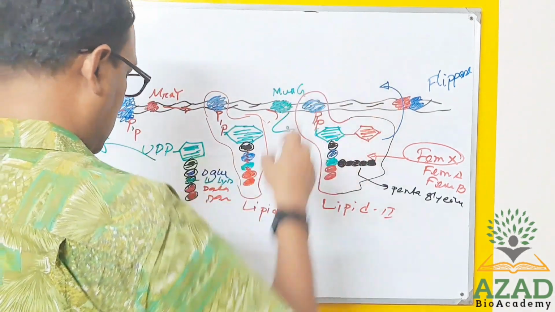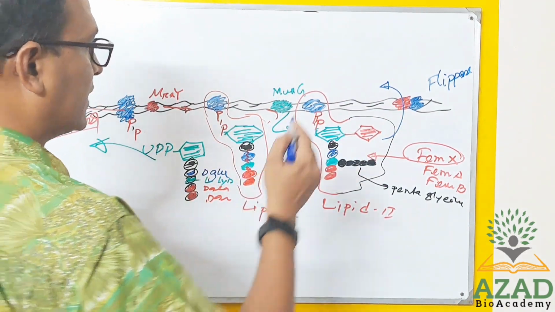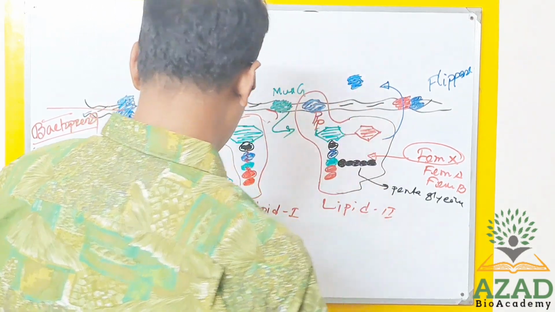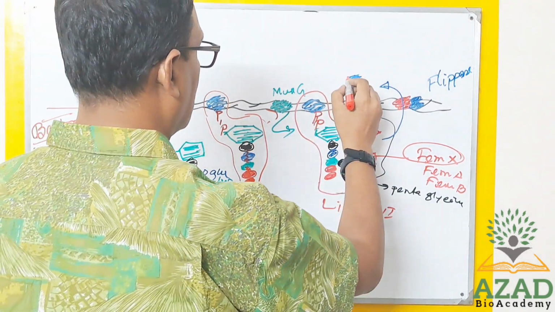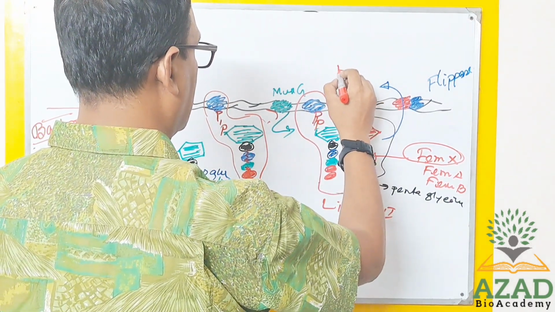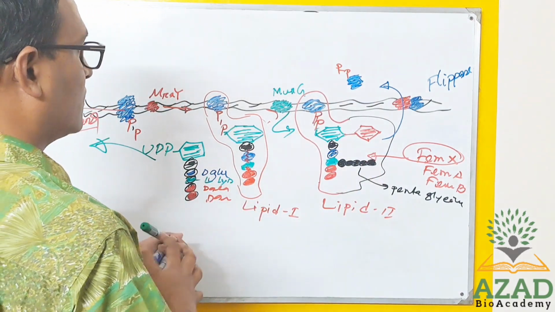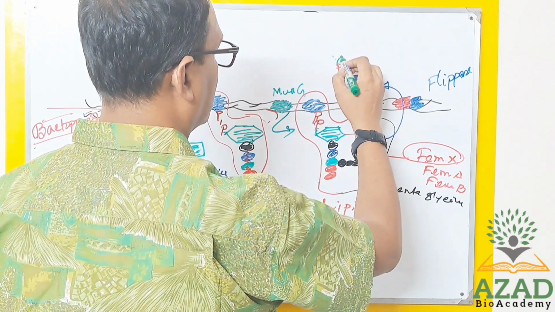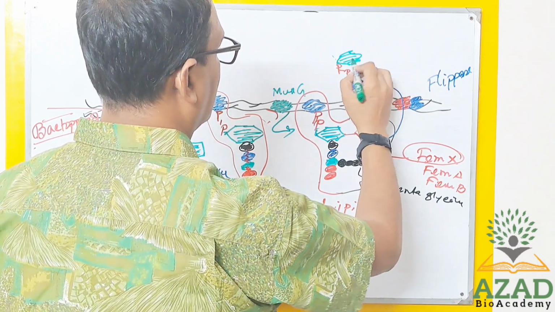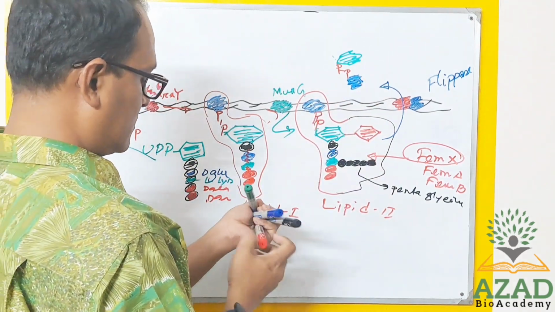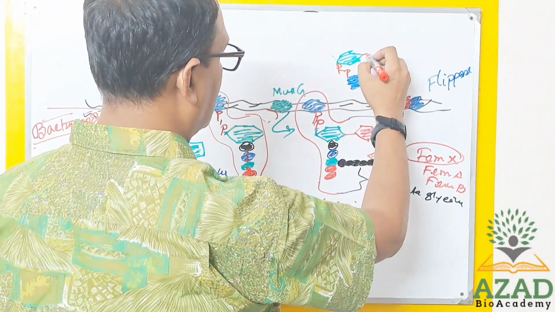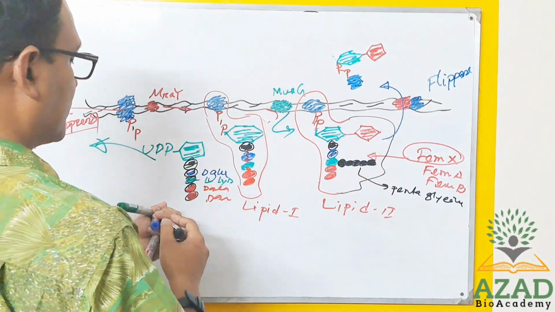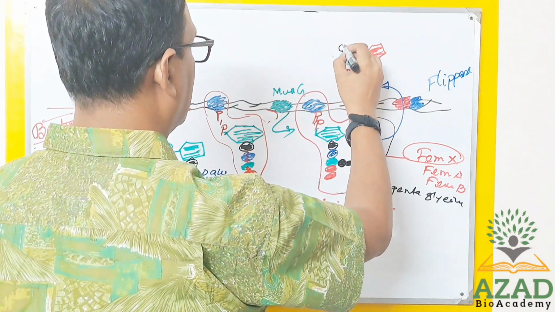So now you can draw here, outside. This is your bactoprenol. It contains one phosphate and another phosphate, and now it will be attached here like this: this is the N-acetyl muramic acid, and then this is the N-acetyl glucosamine, and it will carry a pentapeptide.